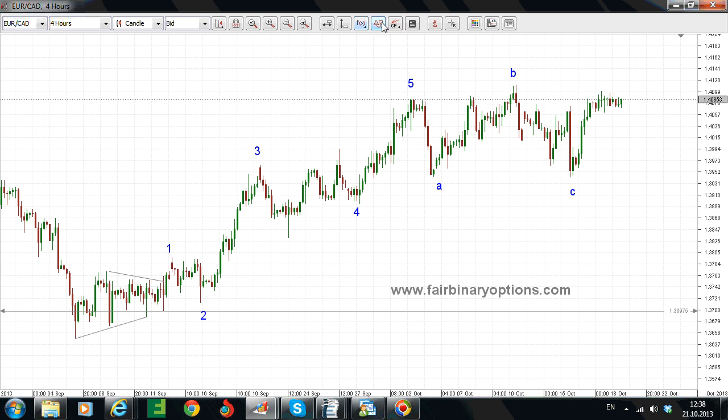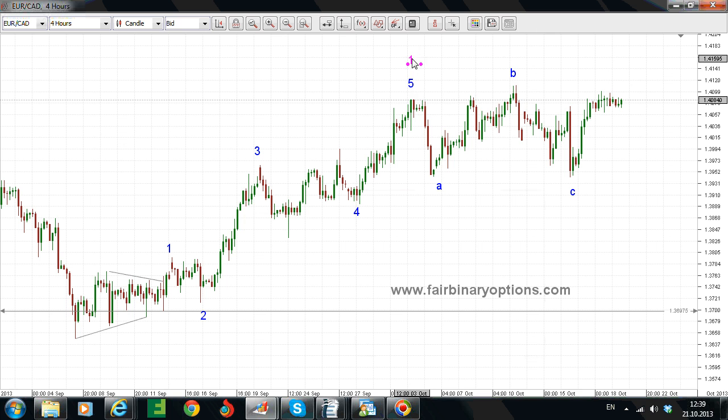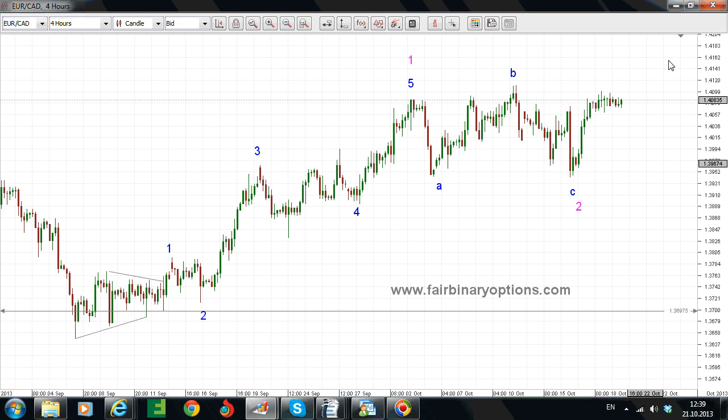So normally in terms of Elliott waves, this should be labeled as a first wave of a bigger degree, and now we're looking for a second wave here, and then of course the third wave should come to the upside in quite an aggressive move.